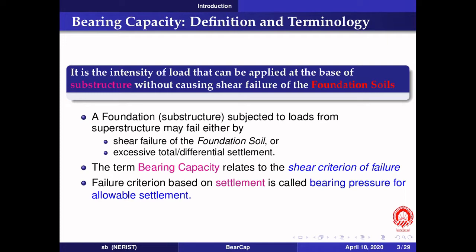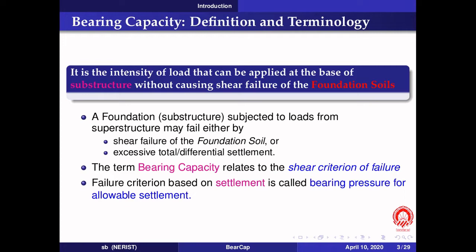So that capacity we need to calculate depending on the soil type and foundation type. It is the pressure or the stresses that can be safely applied at the soil foundation interface so that there is no shear failure of the soil and there is no excessive settlement of the structure. That is what is called bearing capacity.